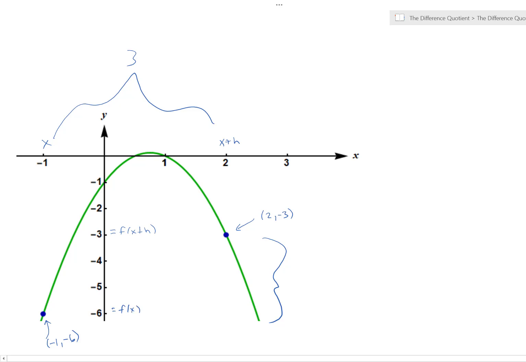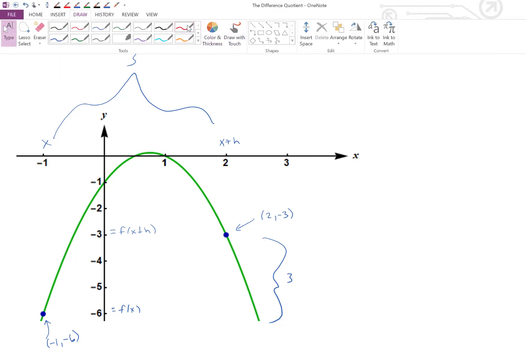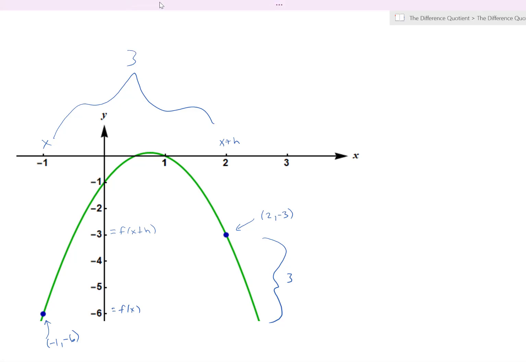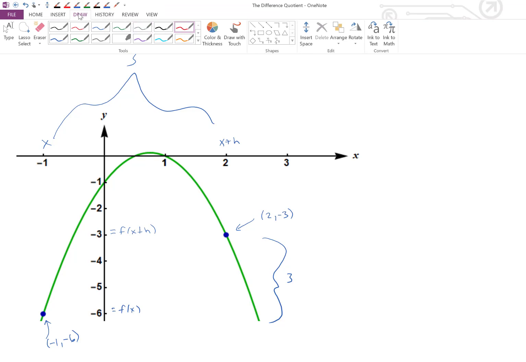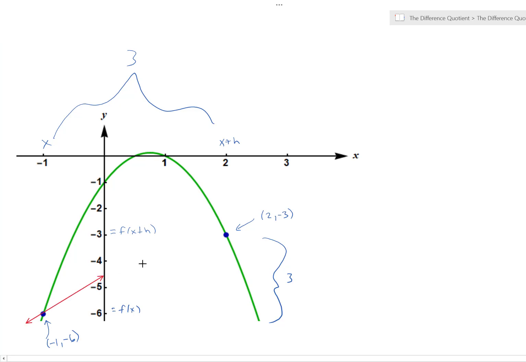So that vertical change from negative 6 to negative 3 is 3 units as well. And so if we connect a line between those 2 points, which I'm going to do here with the fancy tool, draw a line, we're going to connect those 2 points, and there is the line, which we call the secant line, that's going through the 2 points of interest.